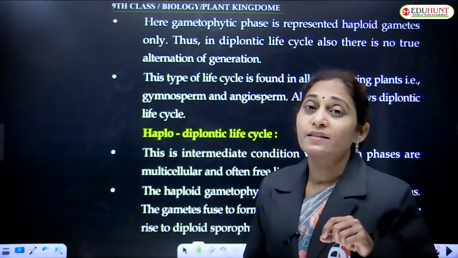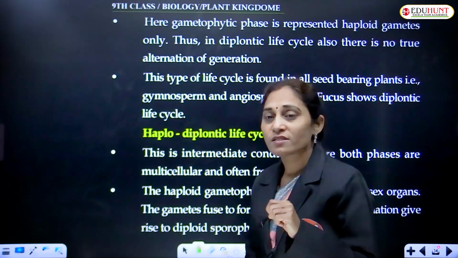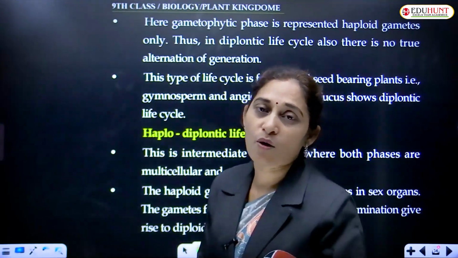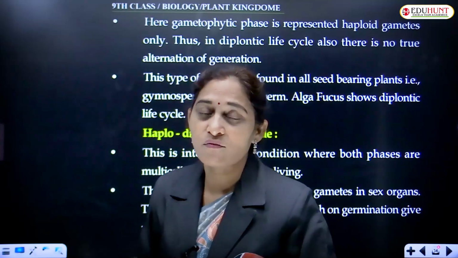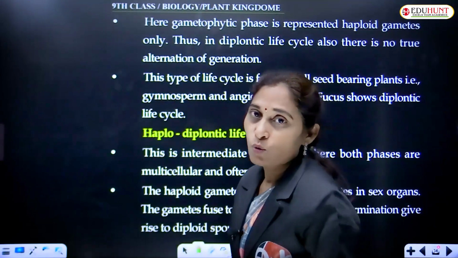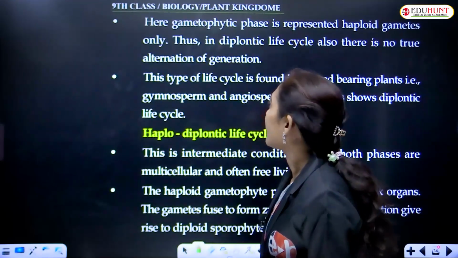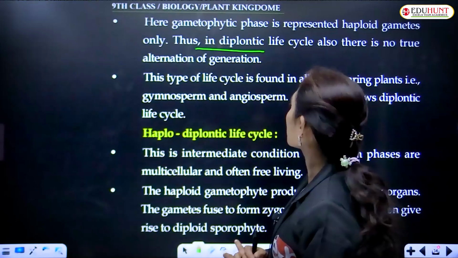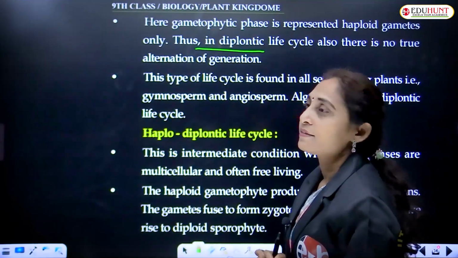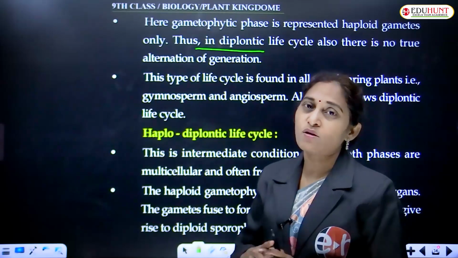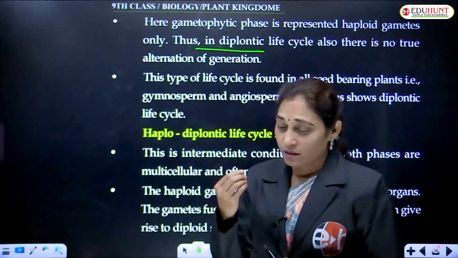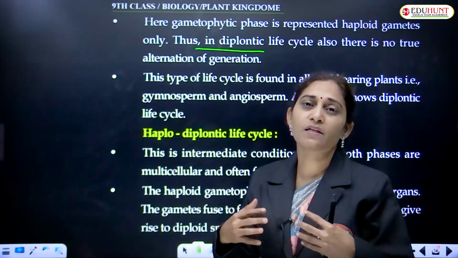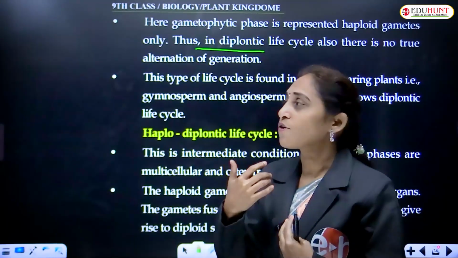That is why this life cycle, which is dominated by the sporophytic phase, the diploid phase, is known as the diplontic life cycle. Also there is no alternation of generation, because the gametes are very, very short-lived. After fusion, they immediately produce the zygote.